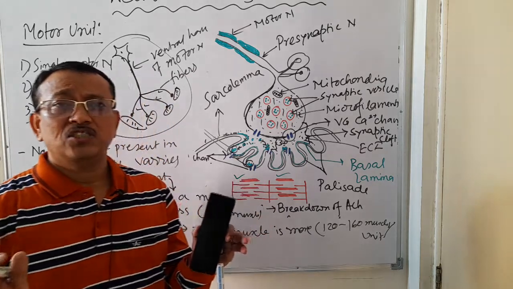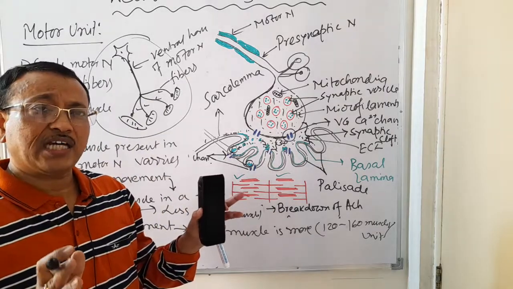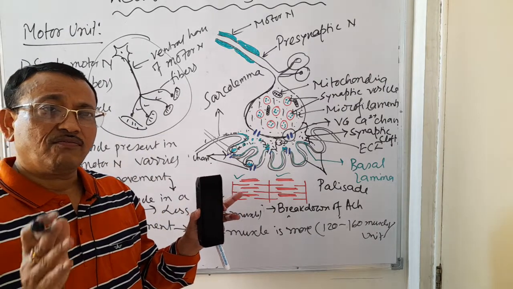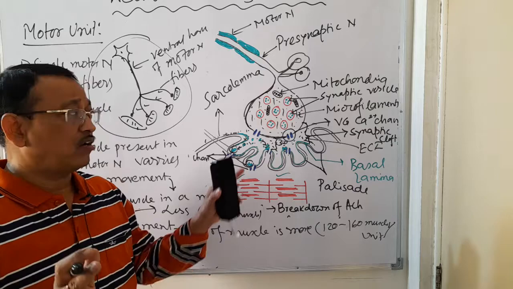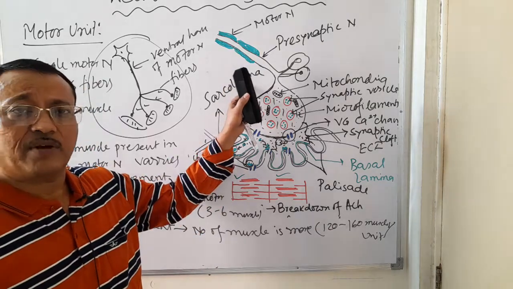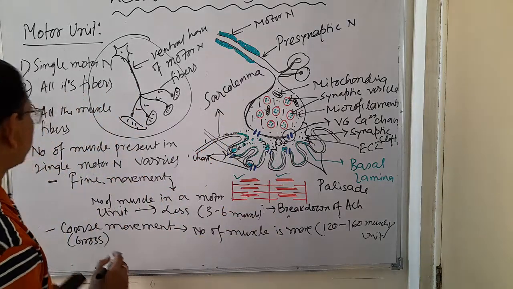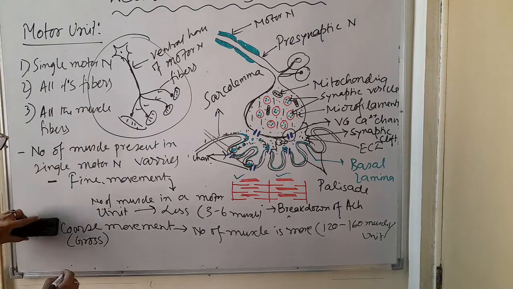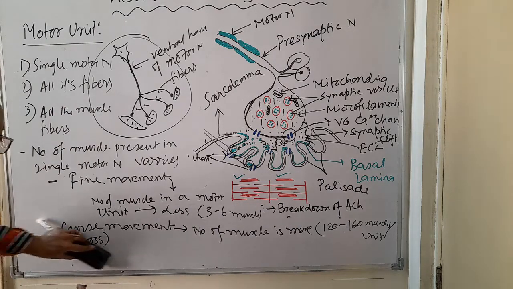So the muscles which are conducted by the myelinated nerve fibers are known as the fast muscles.